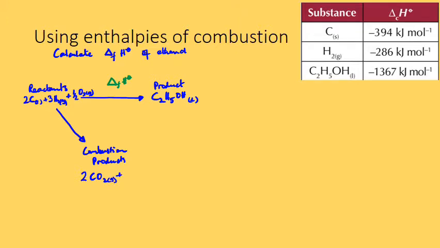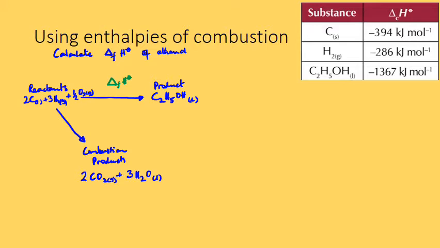And if you combust 3 moles of hydrogen gas, you're going to get 3 moles of water, which at standard conditions is a liquid. And they are our combustion products. The combustion products are always assuming complete combustion, and they're always carbon dioxide and water. So there are combustion products when we combust our reactants.